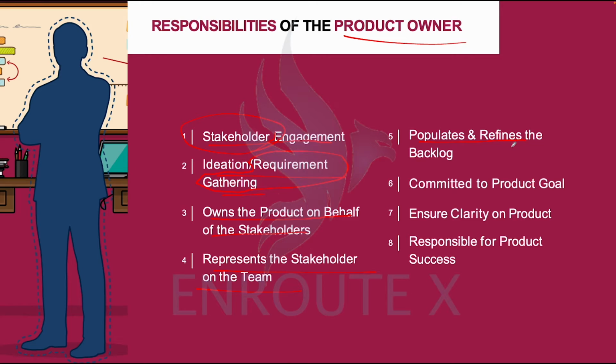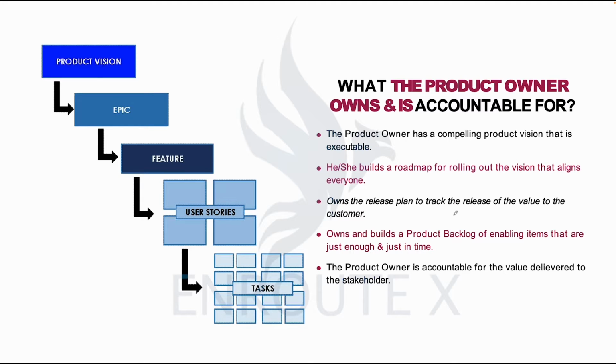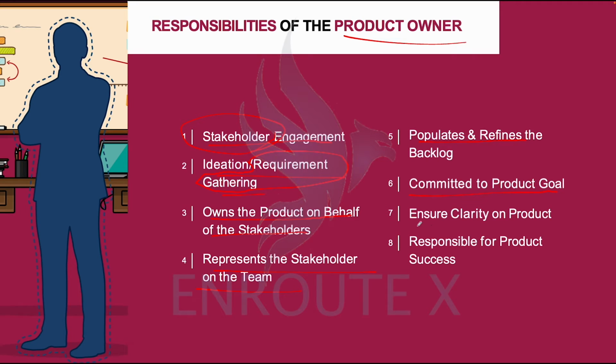Refining is making alignments, which of course I believe we know by now, and that is why we make mention of backlog refinement meetings to align the product backlog. Then of course the product owner is committed to delivering the product goal. It needs to ensure clarity on the product and is ultimately responsible for the product's success.